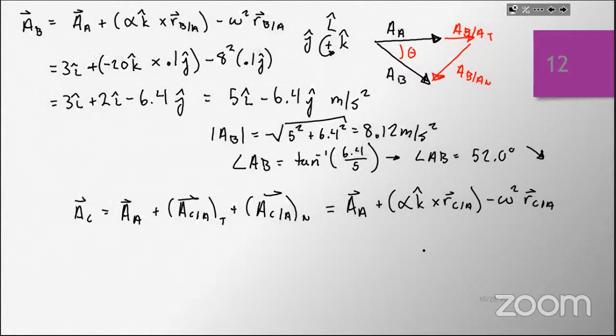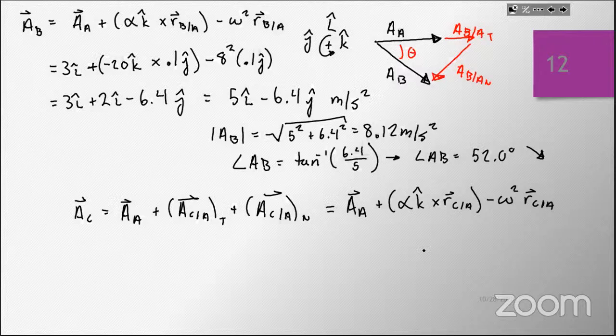Positive or negative? Yep, negative R1 in the J. Right, that's the vector. It goes straight down.